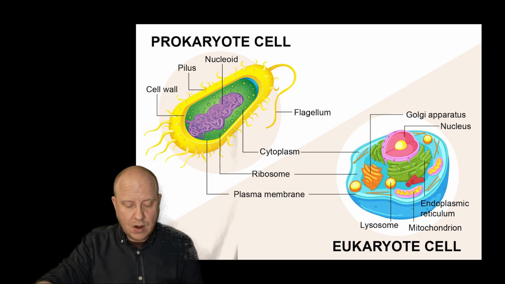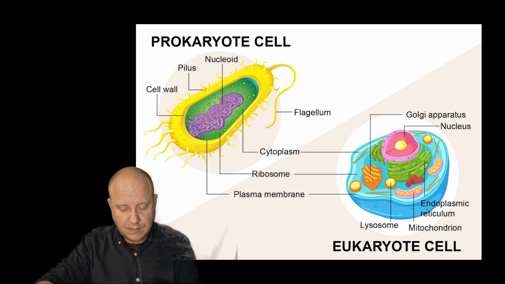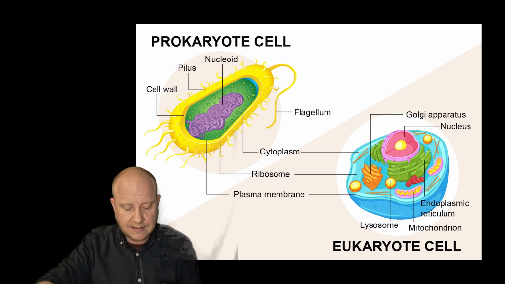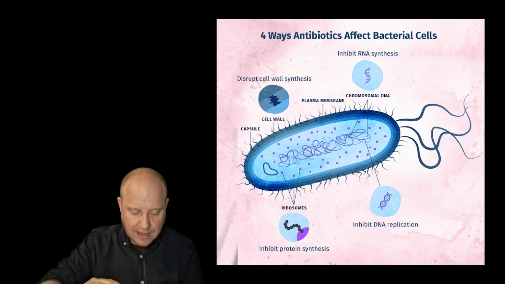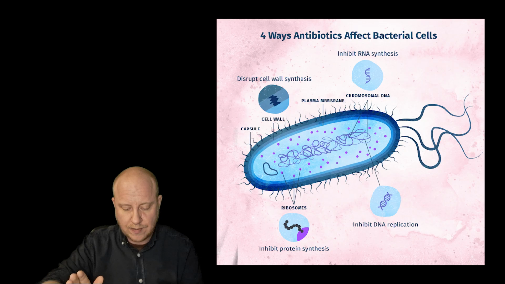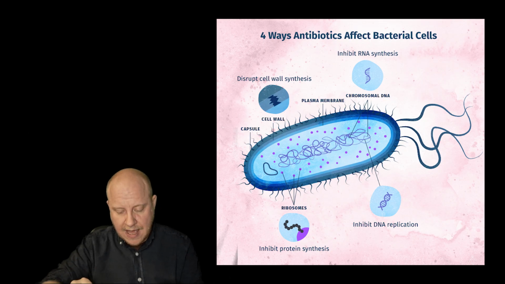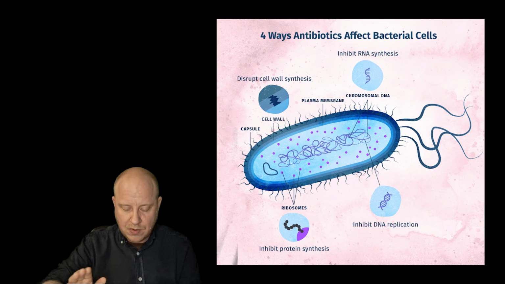Antibiotics are chemicals that take advantage of the differences between prokaryotic and eukaryotic cells. They selectively block some of the biochemical pathways needed by bacteria while having no effect on human or other animal cells. There are many categories of antibiotics depending on the biochemical pathway that is being targeted.